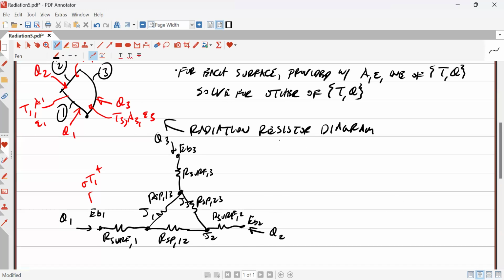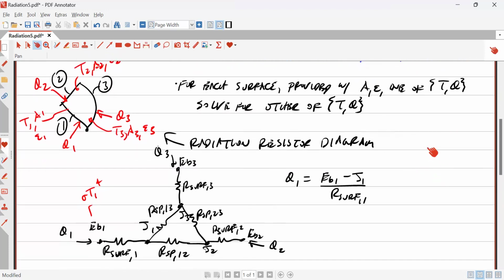But before we do that, I just want to point out that in general, if you look at the expressions here, if you look at surface 1 with R surf 1, you can see that you set it up as Q1 equals EB1 minus J1 over R surf 1. And if you look at the units of these, I should start with the numerators.